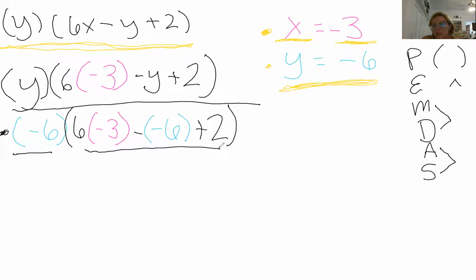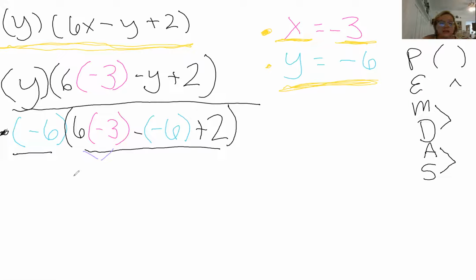So we have a multiplication, a subtraction, and an addition. And if I look at my handy dandy little rule book here, the multiplication part's going to come first. So let's go ahead and handle this multiplication.